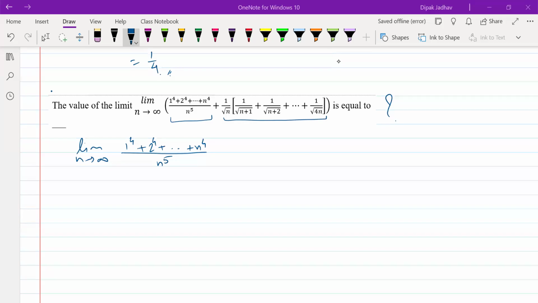With the limit of some formula. You may feel that possibly we can write 1 by n raised to 5 into the numerator as summation k from 1 to n of k raised to 4. The numerator you can write in compact sum notation, like this.